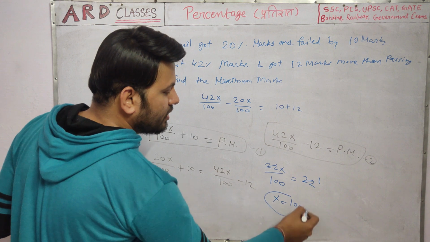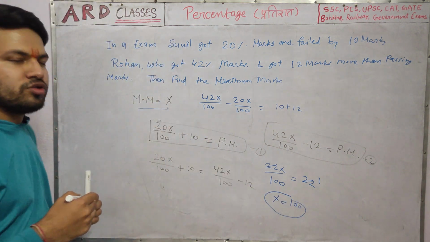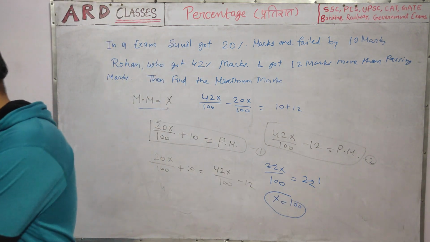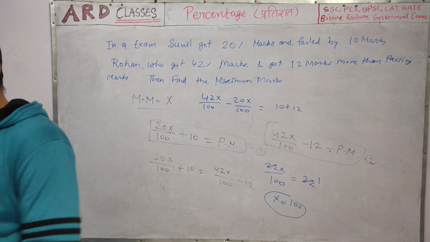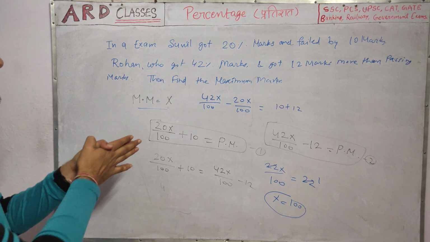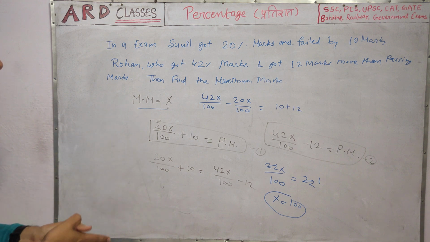So what is x? x is maximum marks. So maximum marks is 100. You guys clear this question? I hope you understand how we solve these questions.